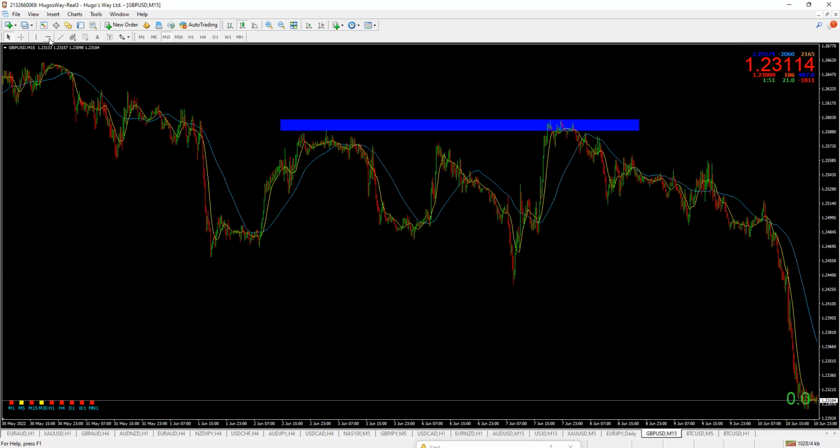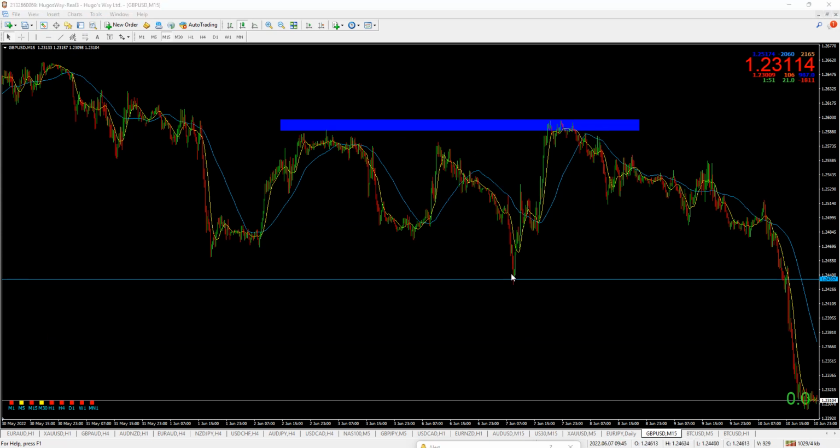You might want to just target swing lows, or if you like, structure as areas where the price could get to, or where you would want to exit the trade. Some people would basically just mark out areas of structure or swing lows. And you can see exactly what has happened here.